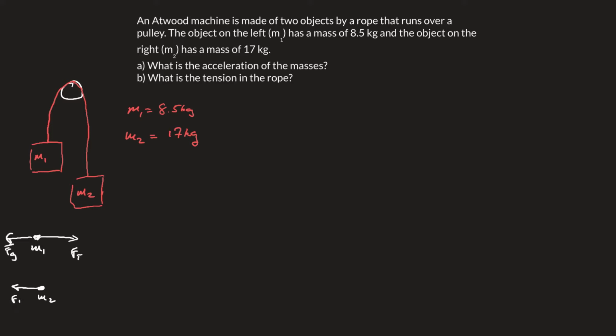The tension is going opposite, and the force of gravity over here. And then, of course, you have to consider the system as a whole. So if you have M1 plus M2, then you have some sort of Fg and then another Fg relative to masses 1 and then masses 2.